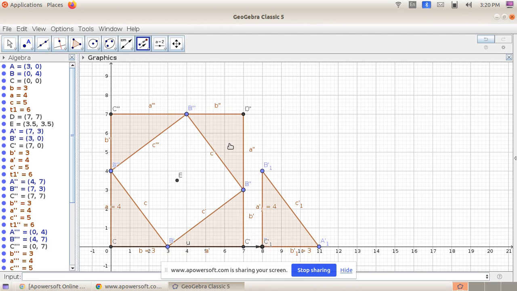Now from this point to this point, I have to place this triangle. For that, selecting this and from here to this point, I got the other triangle. And again, I am going to plot these two triangles to this point, this way.